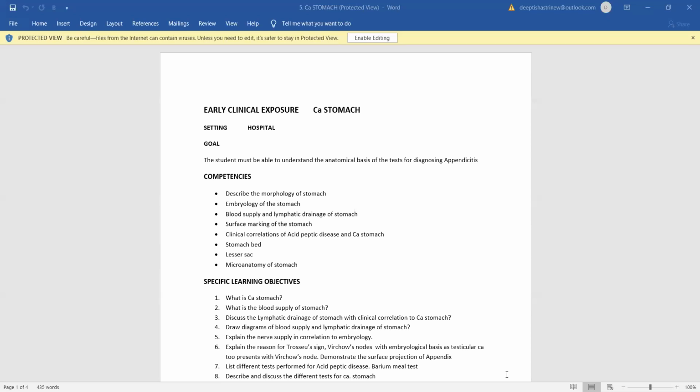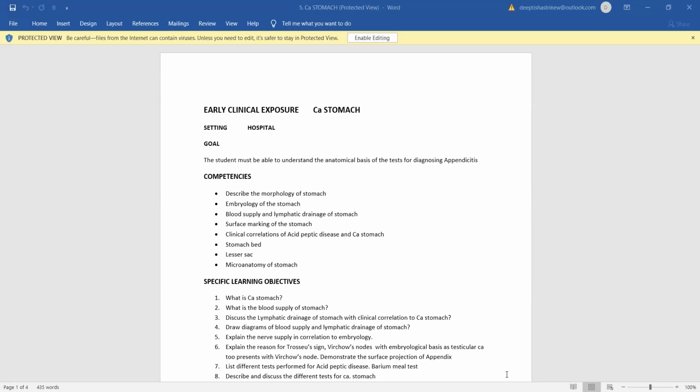That doesn't mean we are going to give them all the clinical experience in the first year itself. It is just an initial exposure, and they will get further exposure throughout the years from second year onwards. This is not meant for covering all the clinical cases in the first year.